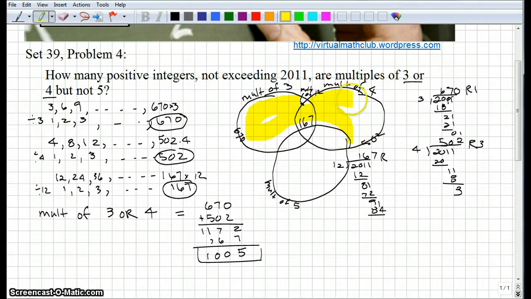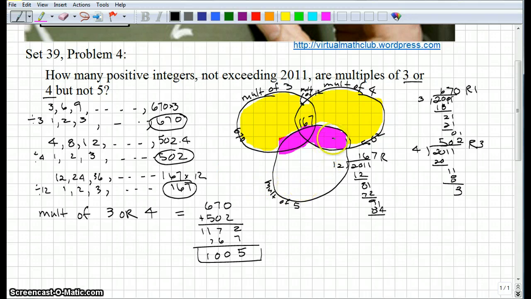Okay, so we're looking for everything up here, but not in that bottom set. So what we have right now actually includes this part here. Alright, so we actually want to subtract that out.